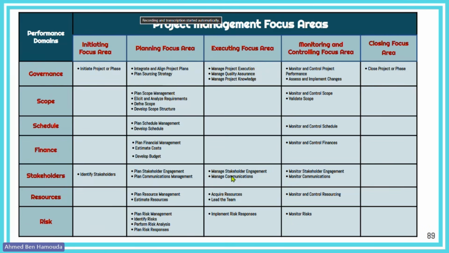So in the PMP exam, whether the current ECO 21 version or the ECO 26 version, in many questions related to stakeholders, you will see that sometimes the answer is the engagement plan, sometimes the communication plan. Usually they are not put in two separate options.